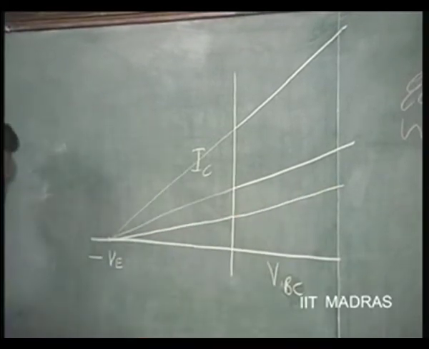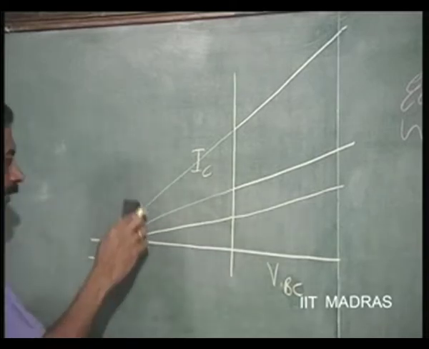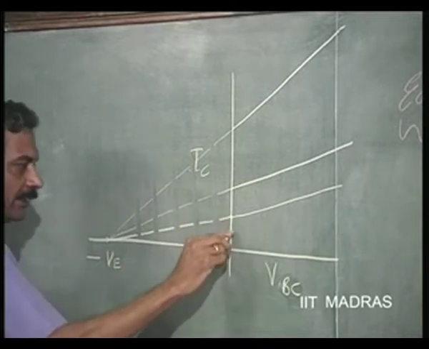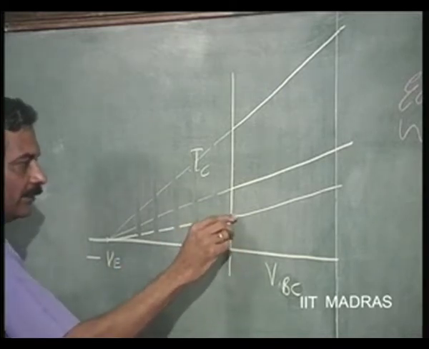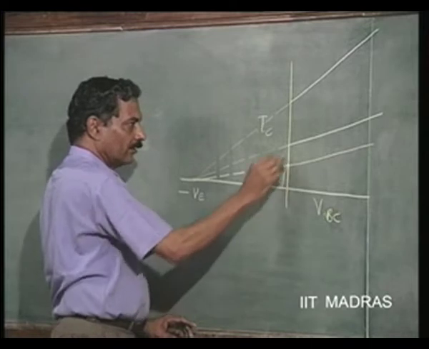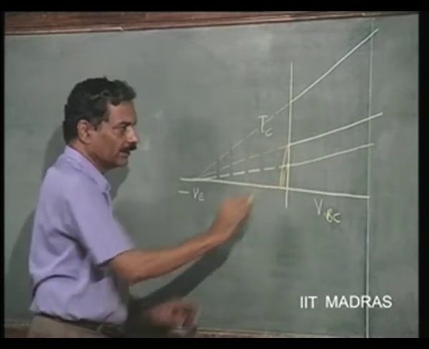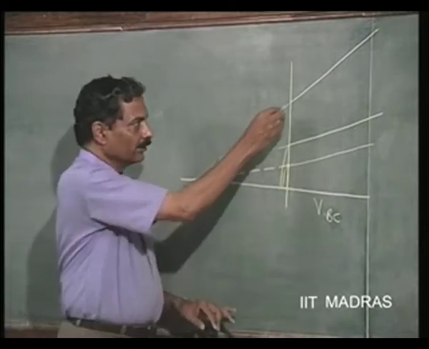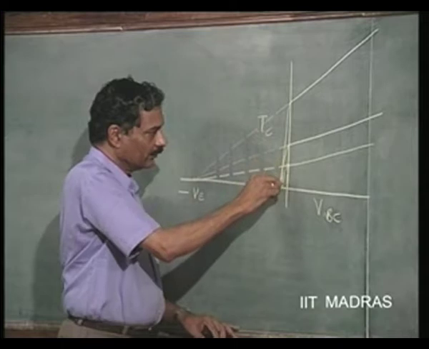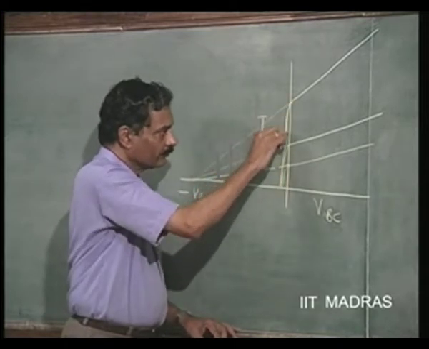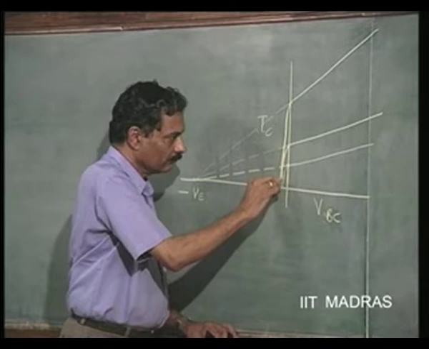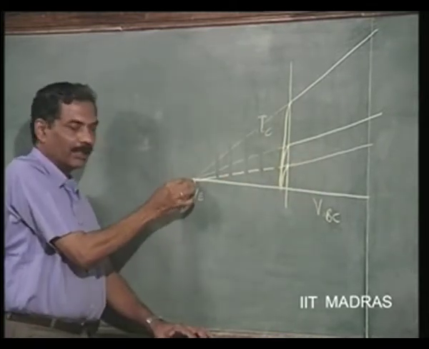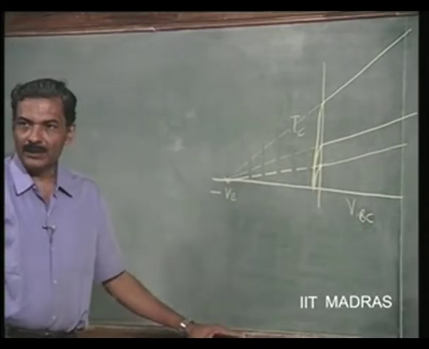These are going to be extensions; otherwise the actual characteristic, because in this region the transistor goes to saturation, will be like this. So this will be the actual characteristic of the transistor. These extensions join at a particular point, and that is an important voltage which is called early voltage.